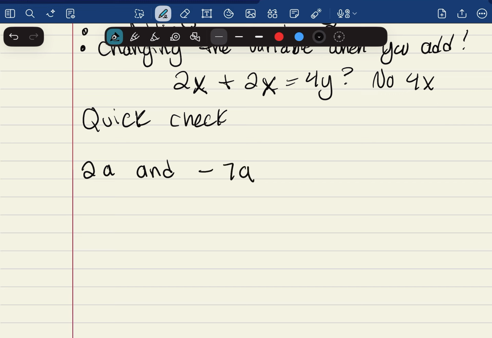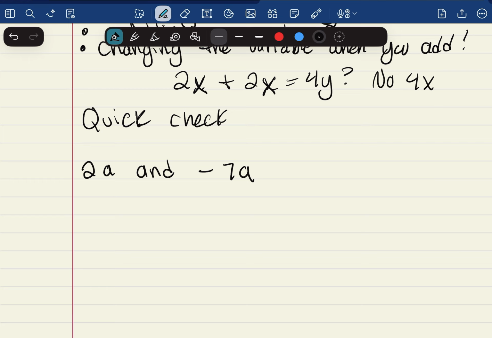Okay, so I'm going to give you a moment. I want to ask you, are these like terms, yes or no? I want you to answer in your head or out loud, and I'll give you a second. Okay, so are these like terms?